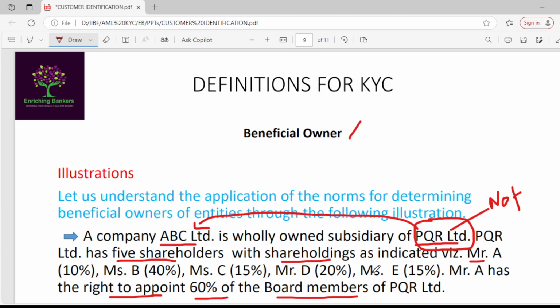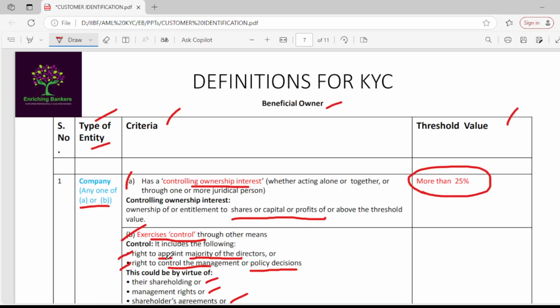Let us see who is going to qualify the next criteria. It is a company. According to what we have discussed here, either this criteria or this criteria should be fulfilled for determining beneficial owner of a company.